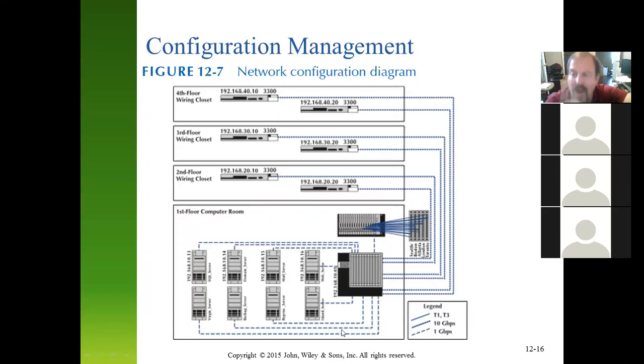This is what I'm not seeing, by the way, in draw.io. So if you are going to do the extra credit draw.io, make sure you use different colored or different styles of lines to indicate different network types, different network speeds.